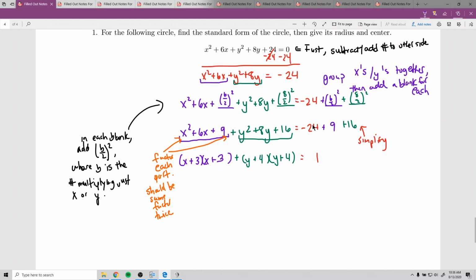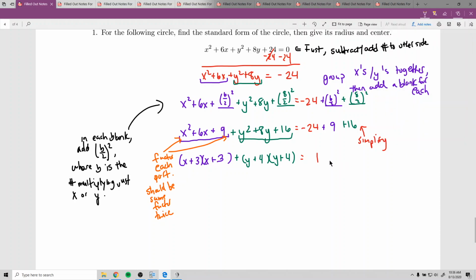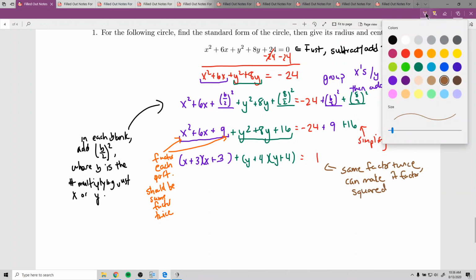When we have the same factor twice, we can condense it into that factor being squared. Right, so that's why it has to be the same factor.